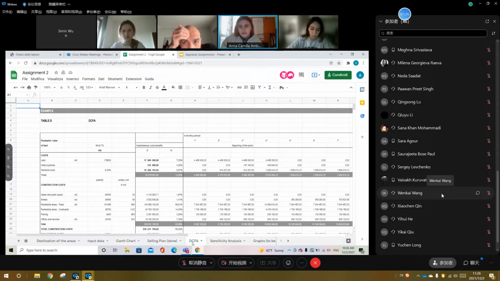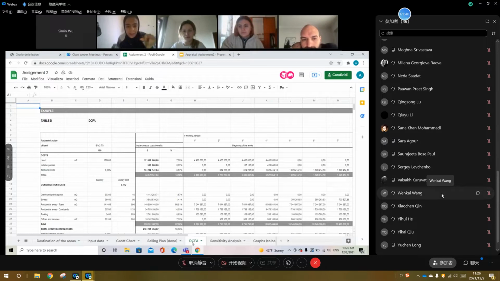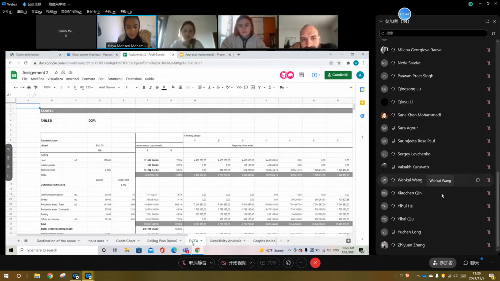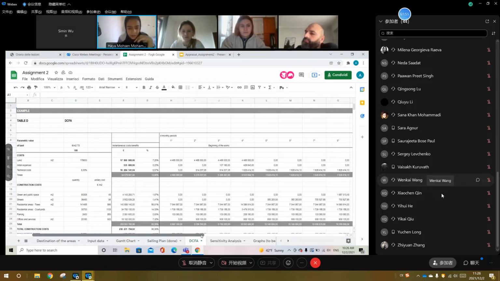We distributed the cost upon the 15 months based on the Gantt chart design, and we added the management cost, the general cost and the marketing cost, the percentages, and then we calculated the total cost and the total benefit, and we got the economic cash flow.